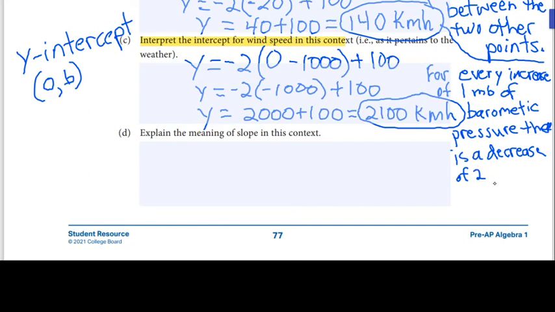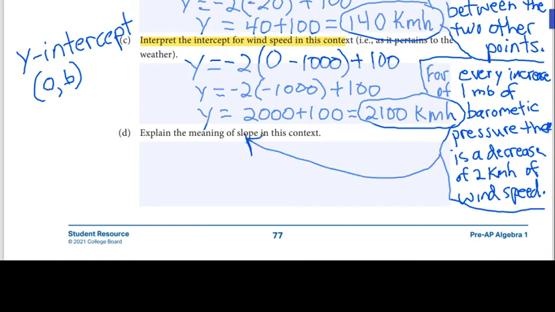There's a decrease of 2. I'm just going to go ahead and explain that, and I'm going to put that in right down here because that's my next question. There's a decrease of 2 kilometers per hour of wind speed. Okay. So that is not the question that was just asked right there, but this goes right here.